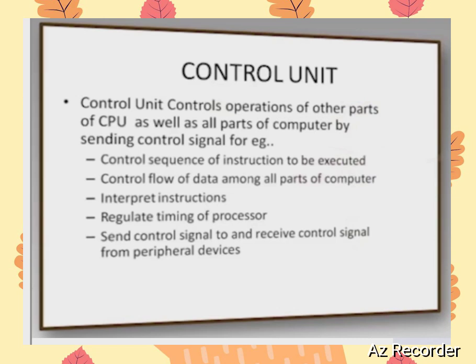The control unit controls the flow of data among all parts of the computer. The control unit interprets instructions. The control unit regulates the timing of the processor. The control unit sends control signals to and receives signals from peripheral devices. These are all the functions of a control unit.